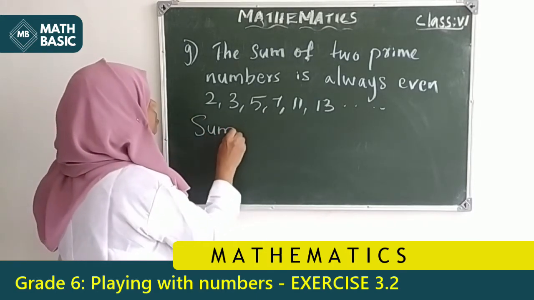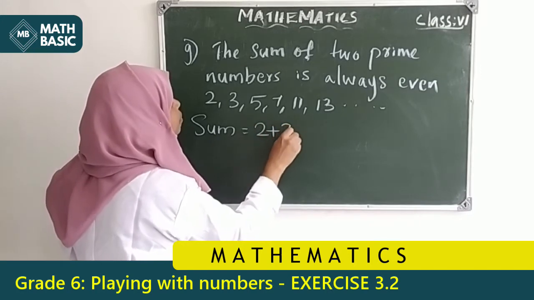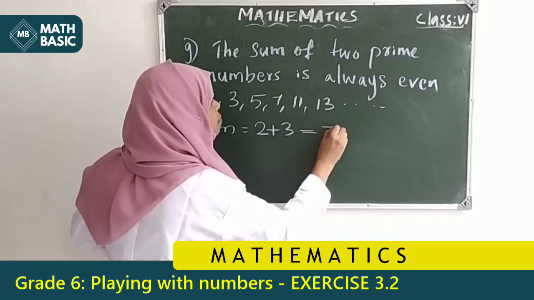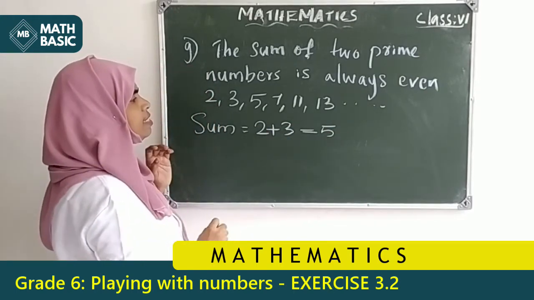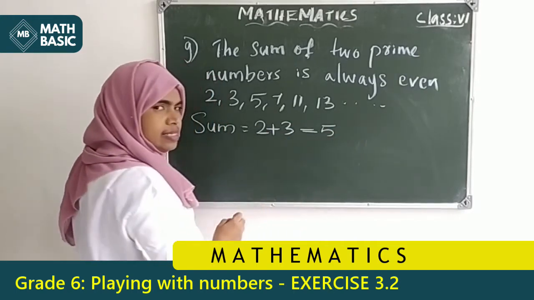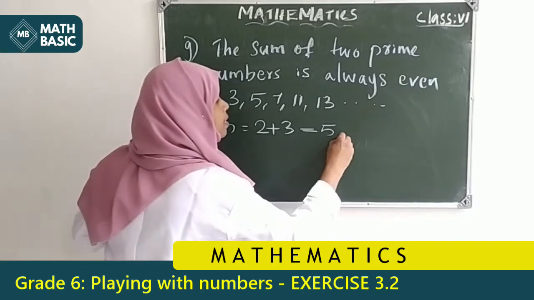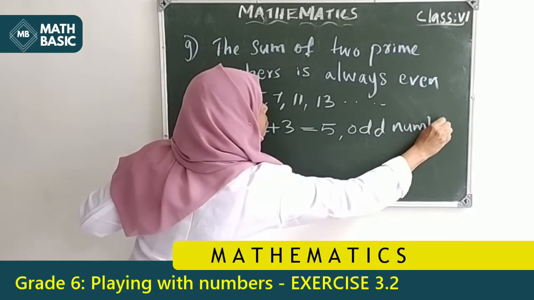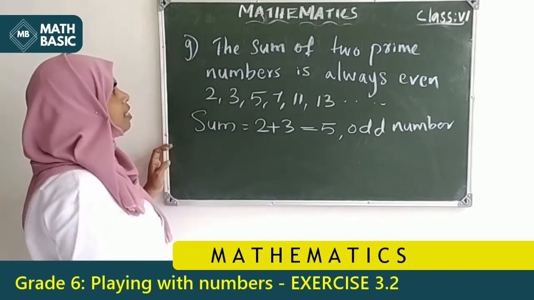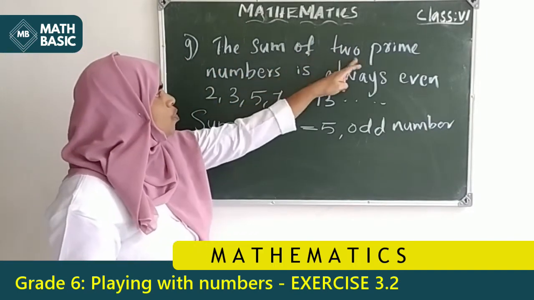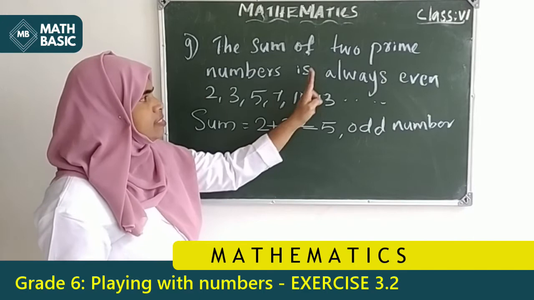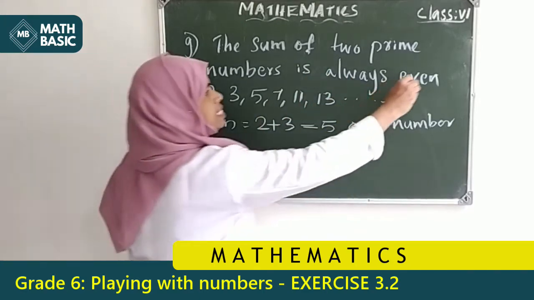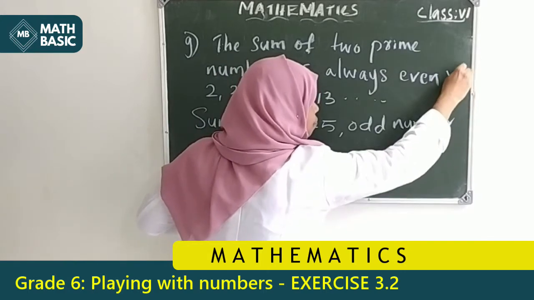Sum equals 2 plus 3 equals 5. 5 is an odd number. So, you can say the sum of two prime numbers is not always even. So, this statement is false.